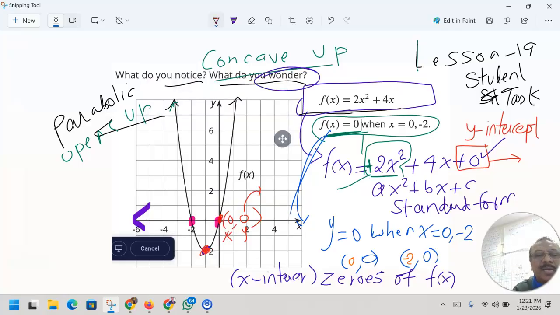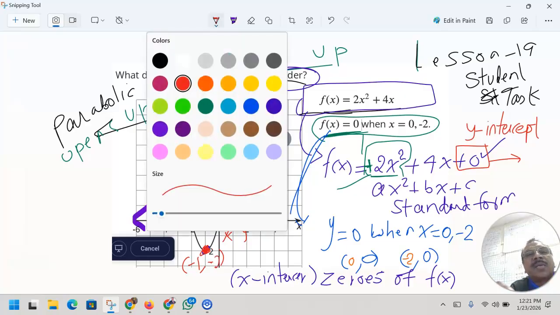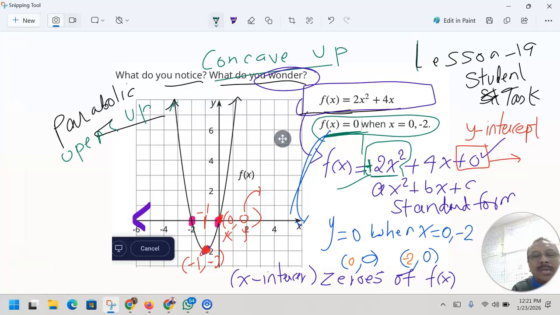So the vertex is the point where it takes a turn, and you can see it takes a turn at -1 and -2. So this is the vertex. Besides that, it also has a minimum. It's like h and k, if you remember, where the minimum is the k.